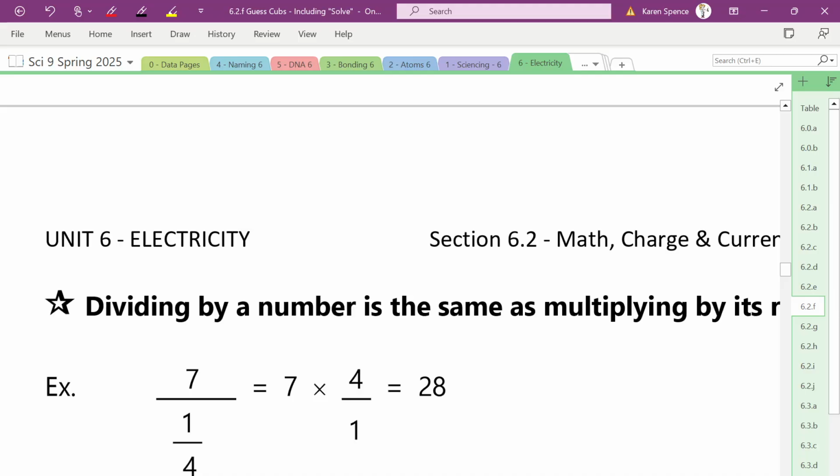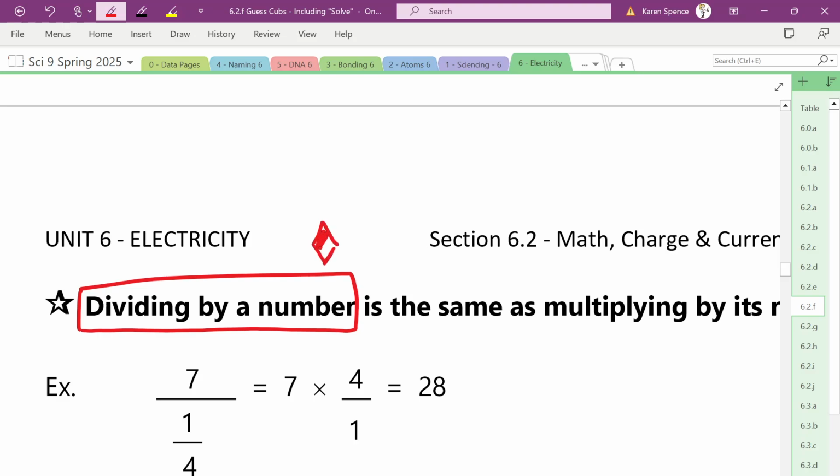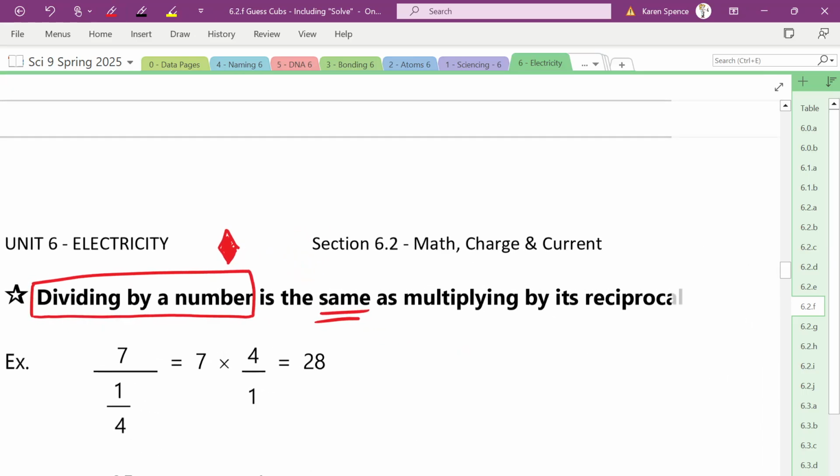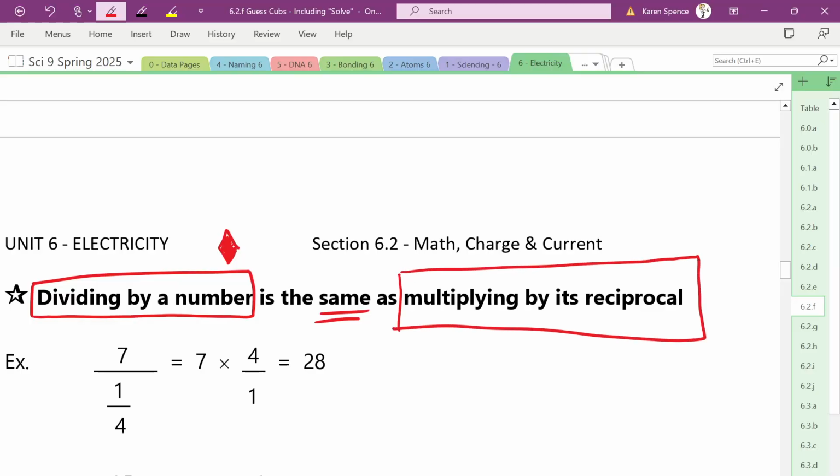So now that we know what a reciprocal is, dividing by a number, and once again, this is going to be enriched stuff, so if you don't want to do it, that's okay. But dividing by a number is the same as multiplying by its reciprocal.